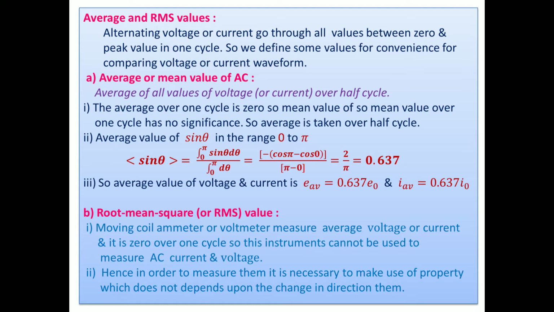So this voltmeter or ammeter always shows a 0 reading, and so it is not possible to measure AC voltage or current with the help of a voltmeter or ammeter.